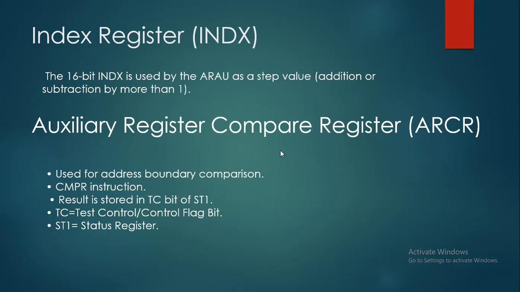Block repeat registers like RPTC, BRCR, PASR, and PAER are each 16 bits in length. The IREG register is a 16-bit register that holds the opcode of the instruction being executed.